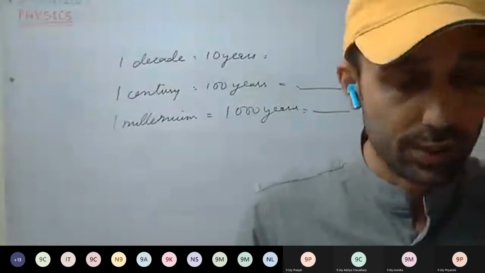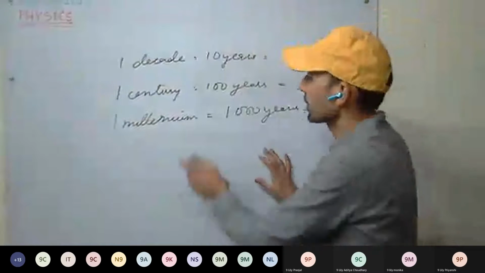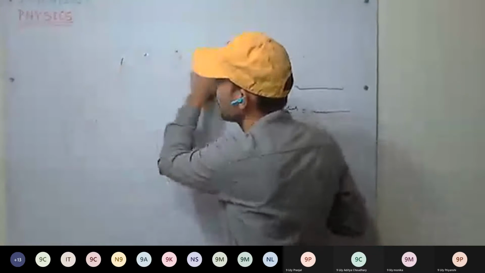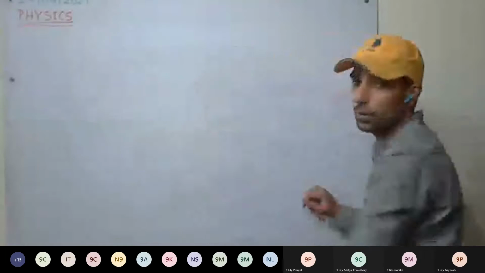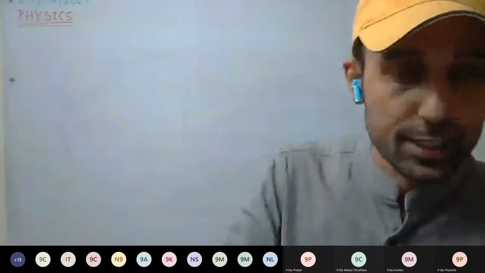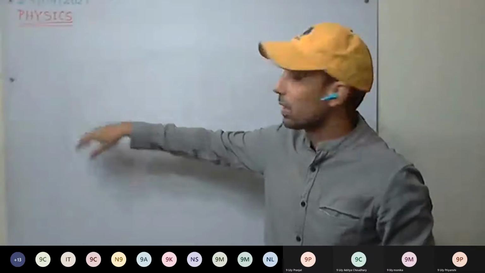So these are all the units we have discussed. Till now, we discussed 3 fundamental quantities: first length, then mass, and then time. Their respective SI units we have defined.